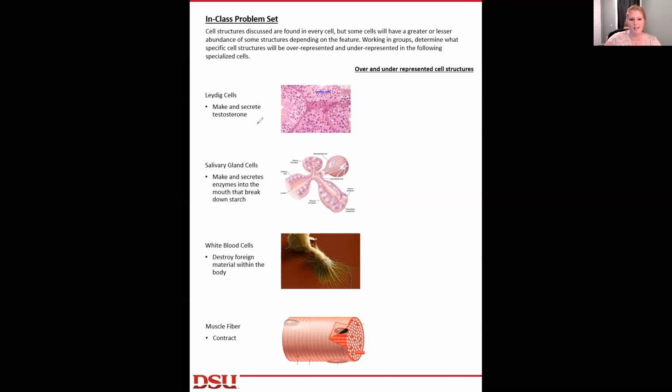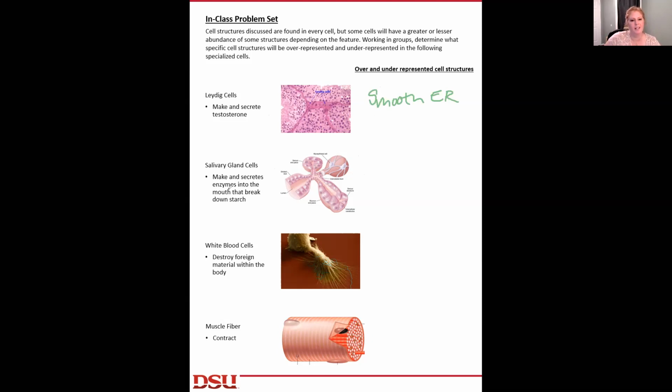It's a lipid. Hey now, what's going to be part of producing lipids? That would be the smooth ER, right? So something that's going to produce a lot of these steroids is going to have a lot of smooth ER, because that's what smooth ER produces.